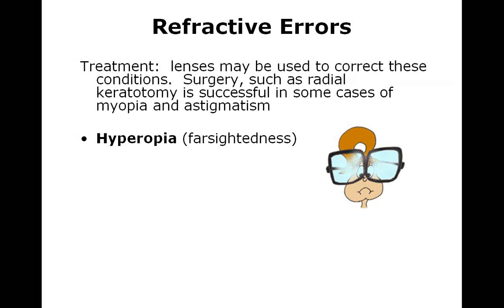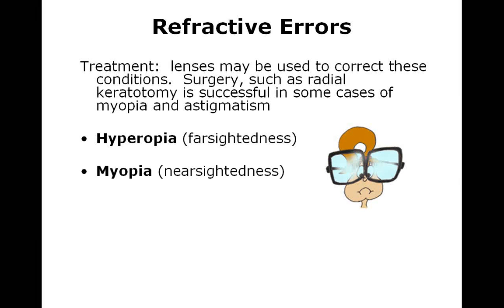The light that enters the eye is focused behind the retina rather than on the retina, and it's very difficult to have a clear view of an object that is close to you when you have farsightedness. You actually see things far away very well. Like you could drive without glasses, but you would need glasses to read things.